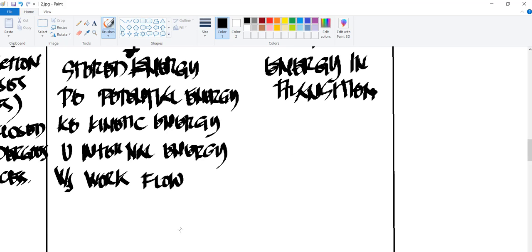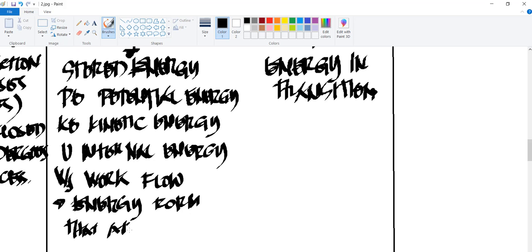These energy forms are dependent on mass.